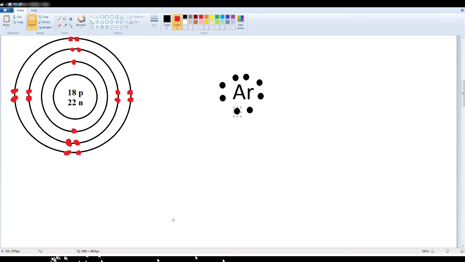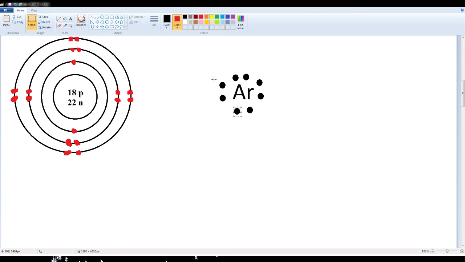So hopefully by now, you've all mastered the art of drawing Lewis dot structures. What I want you to do, if you remember, we built our little atomic models. You had to fill out the 4 circles based on your element.